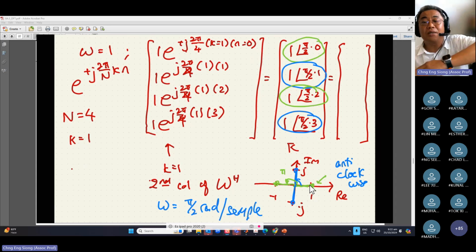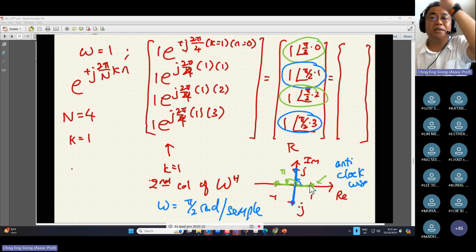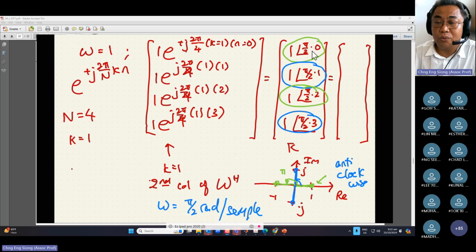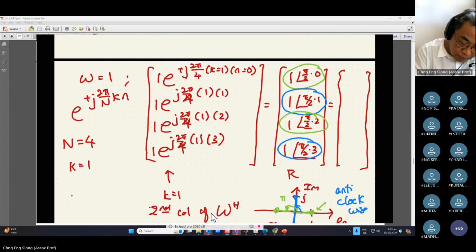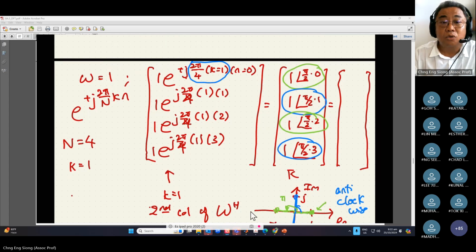Because time is sample. Every time I move by one sample, I'm moving anti-clockwise by pi over 2. And where did pi over 2 come from? It came from here, 2 pi over 4 times k. With different k's, I'm going to be faster and faster because 2 pi over n is fixed.